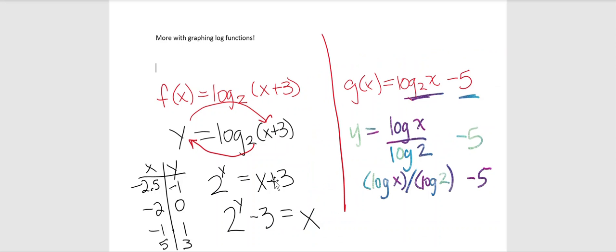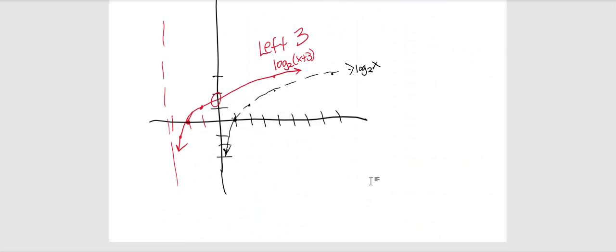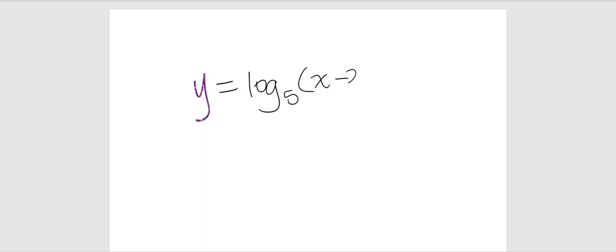And now we can look at any function and know what to expect. If I have y equals log base 5 of x minus 2, plus 3. Well, now I know this is the log base 5 of x function, but because there's a minus 2 inside the parentheses with x, it moved to the right 2.